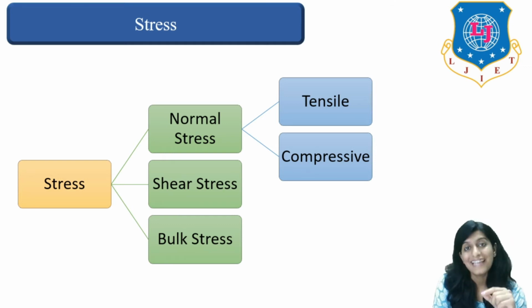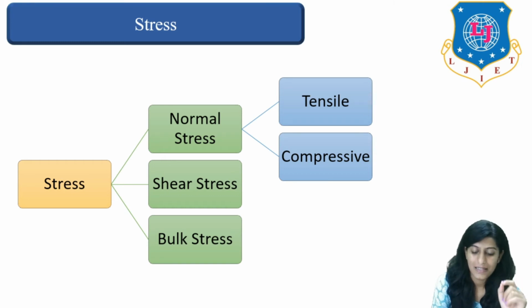What about tensile stress then? Tensile stress is a stress when the body is subjected to pull, right? When a force is applied to pull, then it is a tensile stress, and it is also known as a longitudinal stress.